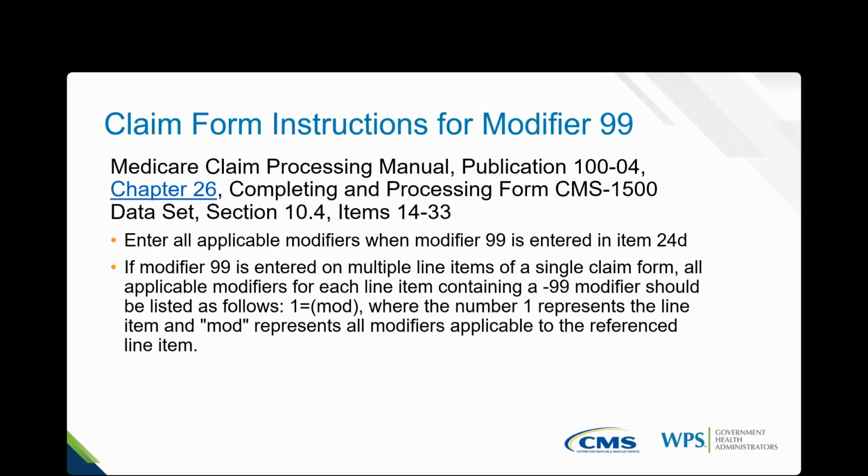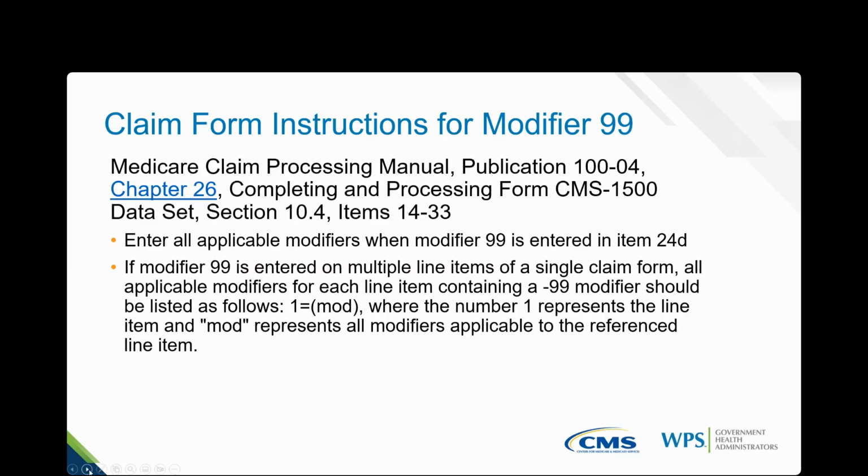And if you look at Section 10.4, you're going to find the claim form instructions for completing items 14 through 33. And the instruction that is specific for use of modifier 99 relates to item 24D. The instructions provide an example, and you can see them here on this slide, of how you're going to list the modifiers in item 19 or that electronic data equivalent when there are multiple claim items.